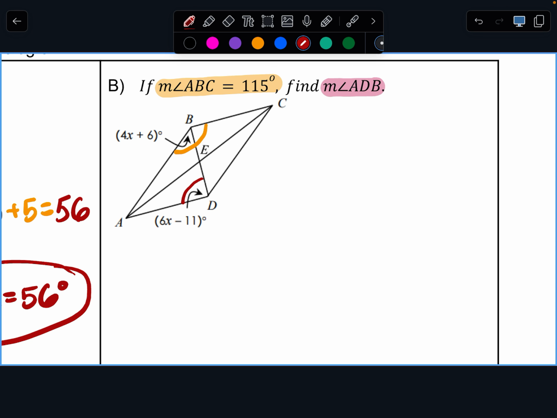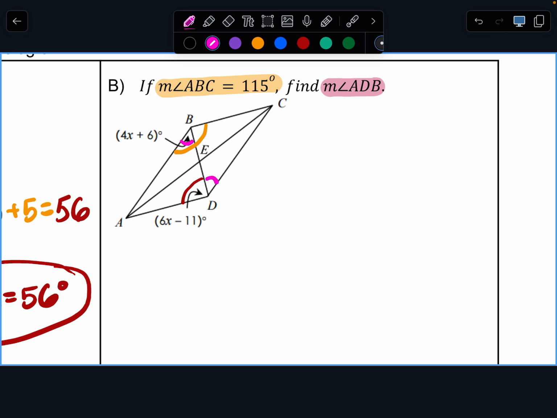So when we have diagonals here, I think it's important to remember that parallelograms have parallel sides. So when you go back to a couple of objectives ago when we talked about transversals and parallel lines, we had all those angle relationships. So we have alternate interior angles. I'm going to start to fill some of those in. These are alternate interior angles.